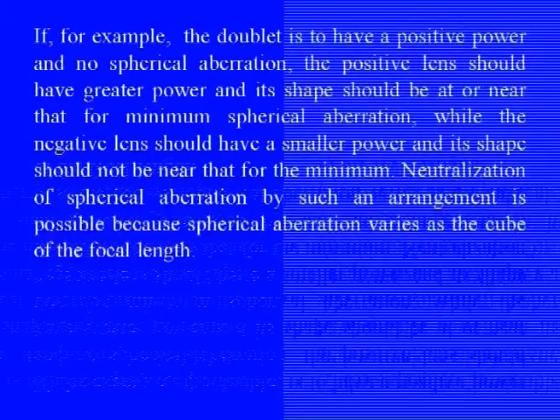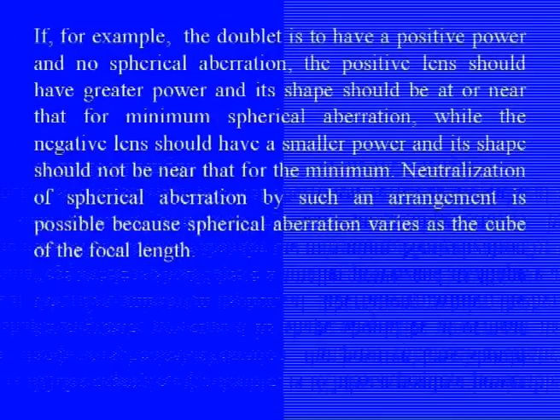If, for example, the doublet is to have a positive power and no spherical aberration, the positive lens should have a greater power. Positive lens means a converging lens, and its shape should be at or near that for a minimum spherical aberration, while the negative lens, which is the concave lens, should have a smaller power and its shape should not be near that for the minimum.